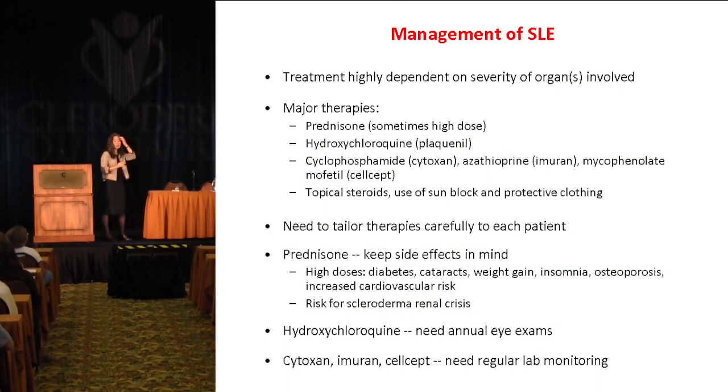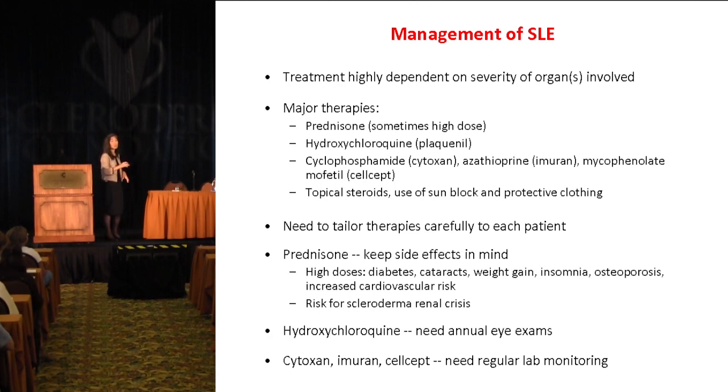Okay, so the treatment of lupus is really highly dependent on the severity of the organs involved. And really the major therapies that we use, prednisone, again, it works well. Often needs to be used at high doses if you've got a real life-threatening, organ-threatening manifestation. Plaquenil has been shown to be a great drug to kind of keep things at bay and prevent lupus flares.